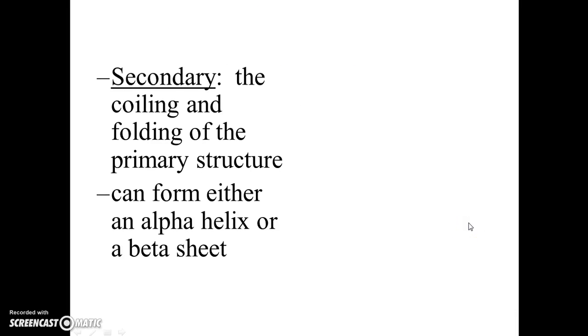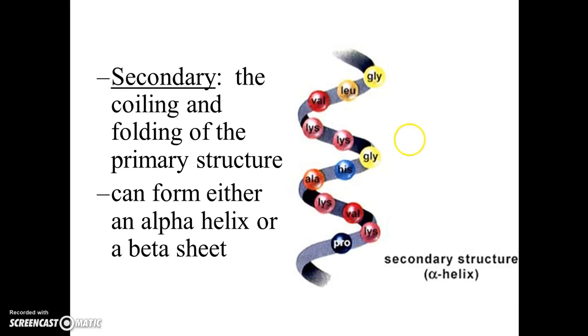The secondary structure is the coiling and folding of the primary structure, and the secondary structure can be in either an alpha helix or a beta sheet. This one is an alpha helix. A helix is something that looks like a spring.